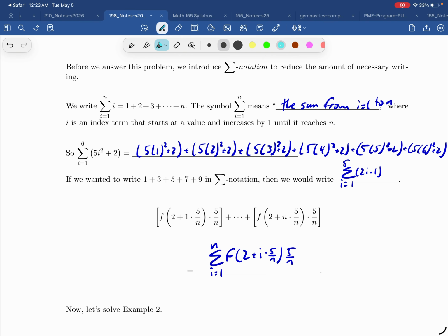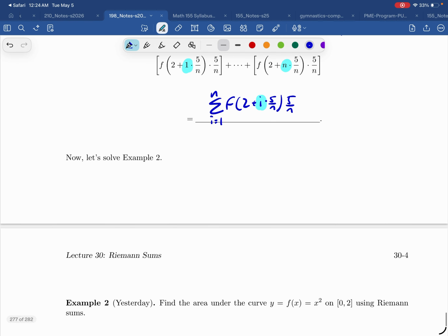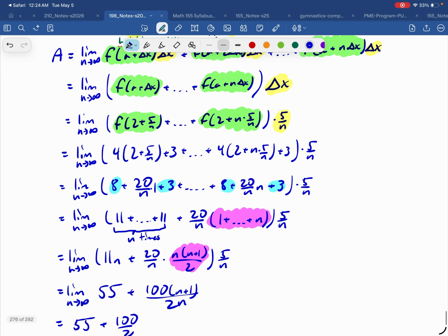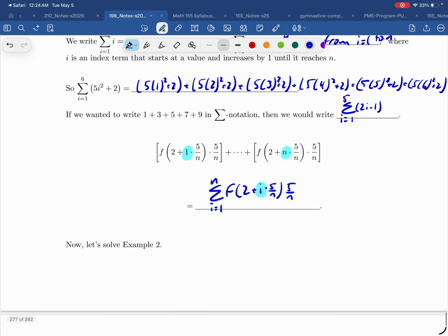Because this number is getting indexed. Everything else stays the same. That's the only number that's changing. So instead of writing the plus dot dot dot, we could have written it like this. And it turns out it would have worked out similarly.